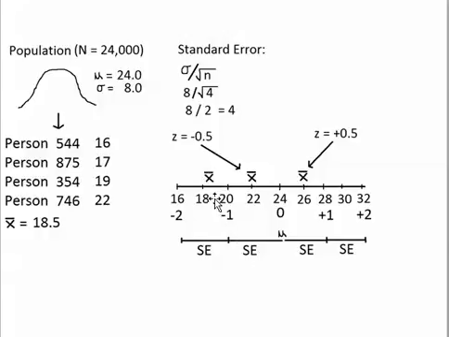It would be too difficult for us to find out exactly what the z-score of this sample mean equals just by looking at the number line. So let's use the formula to get the z-score. We're going to plug our sample mean of 18.5 into the formula, and these 3 numbers are still the same that they were before because the population mean is still 24, the population standard deviation is still 8, and our sample size is still 4.